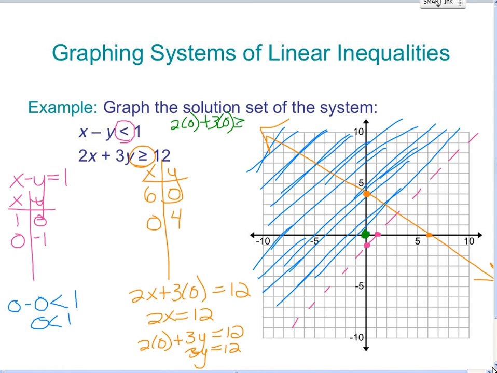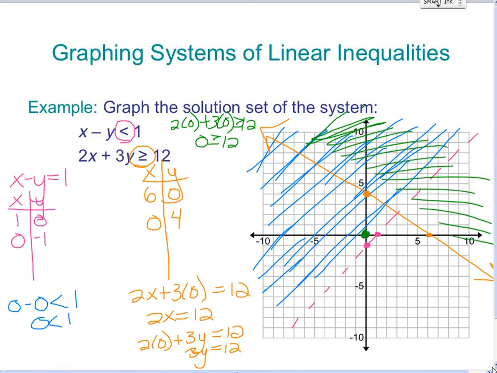Is that larger than 12? So we have 2 times 0, which is 0, 3 times 0, which is 0. So is 0 bigger than 12? No, it is not. So this time I'm going to shade away from the point, or on the other side of the line. So I'm going to shade up here. Remember to shade lightly, because you are going to have to erase.